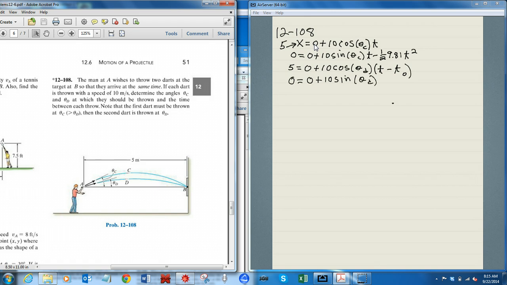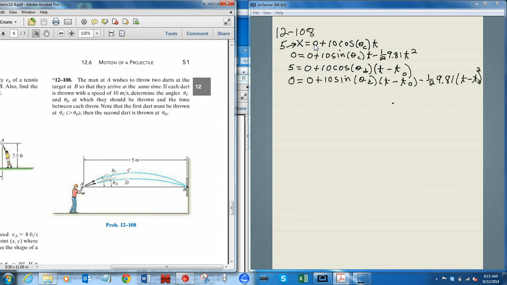Times what? Yep, t, the same time when they hit, minus the initial time that I held him back. What else? Minus 1/2 a, which is 9.81, times t minus T0 squared.